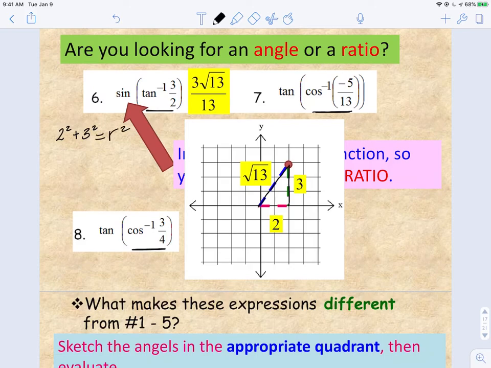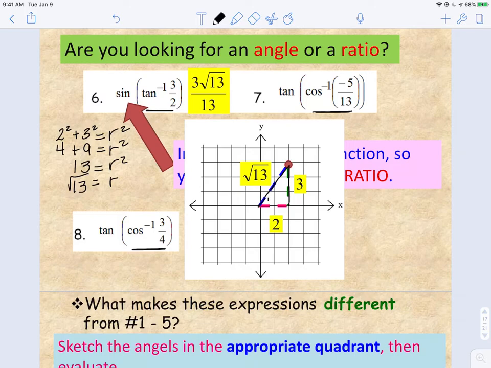So you're going to have 4 plus 9 equals r squared. You're going to have 13 is equal to r squared. And so r would have to be the square root of 13. Remember, r is always positive. So you can see that they've placed a square root of 13 on the hypotenuse.